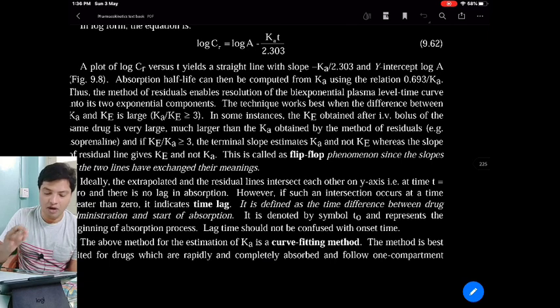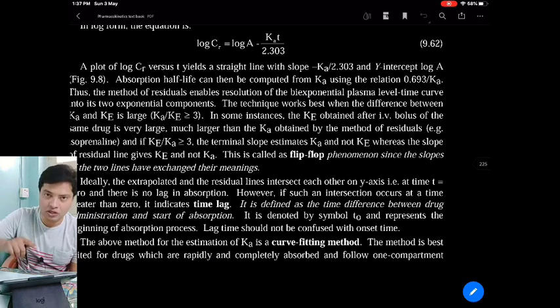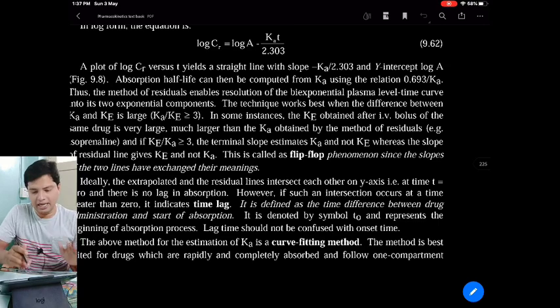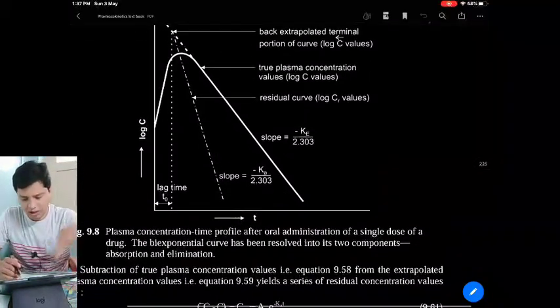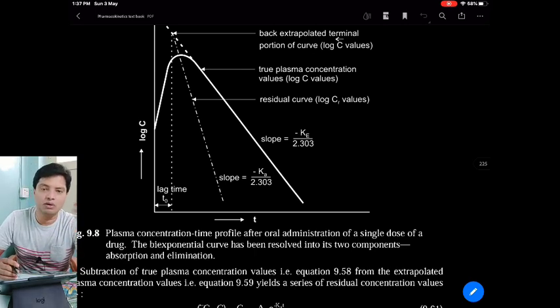Okay, if your rate of absorption is much less than Ke, what happens? Whatever residual is there, it will give you the Ke value, because our residual is giving Ka. See here, the residual graph is giving the Ka value here. This is applicable only when Ka is much greater than Ke.